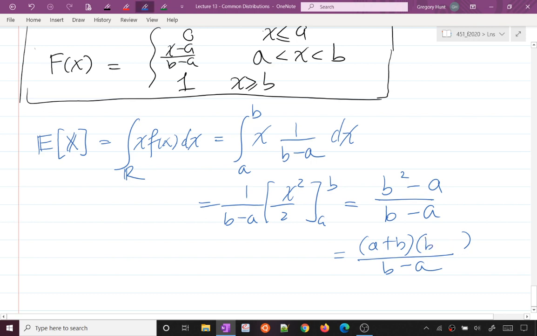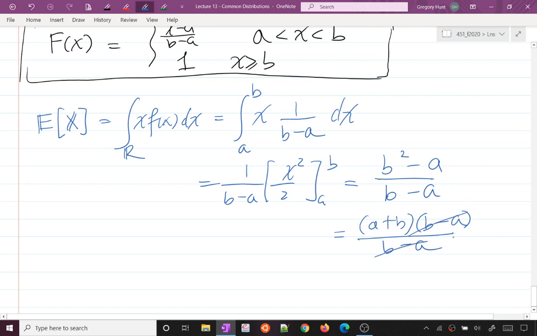Those cancel, that's the point. And I forgot my 2, right? There's a 2 down here. And so my expected value is (a plus b) over 2.